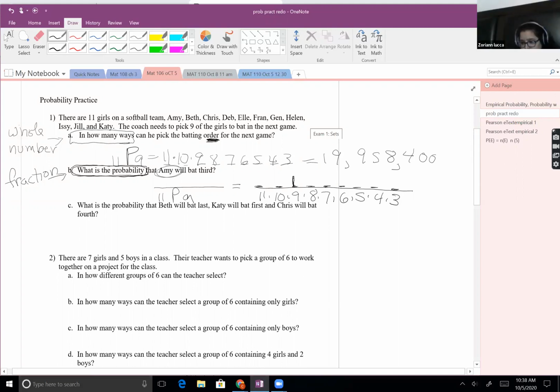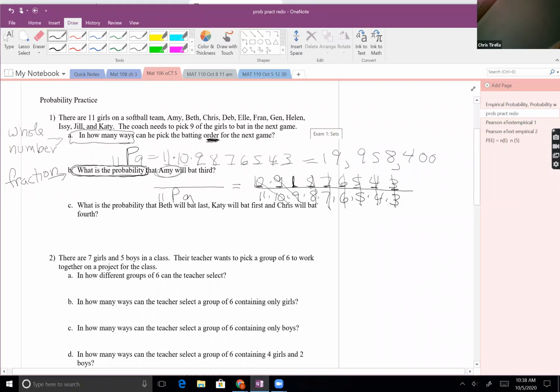Okay. But now if Amy is there, for the other spaces, how many players do I have left? Don't I have 10? Yes. Then 9, then 8, then 7, then 6, then 5, then 4, then 3. Now, if you were a glutton for punishment, you'd multiply all of that out and see what you get.